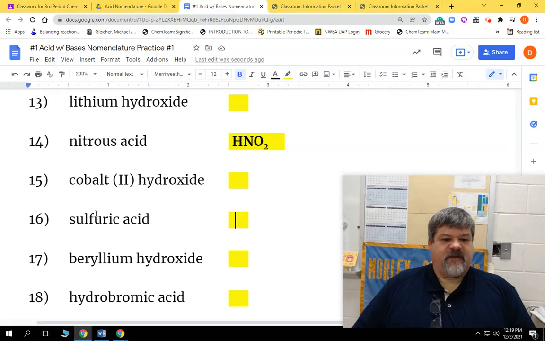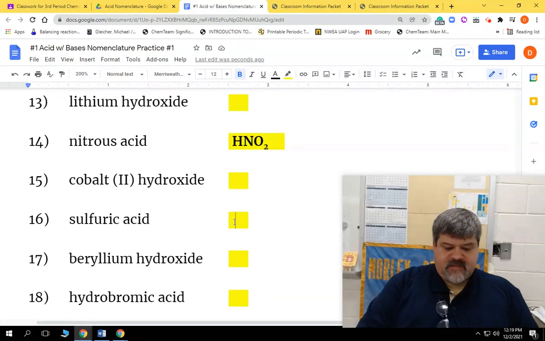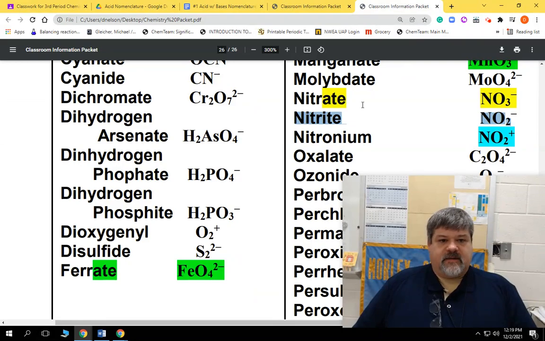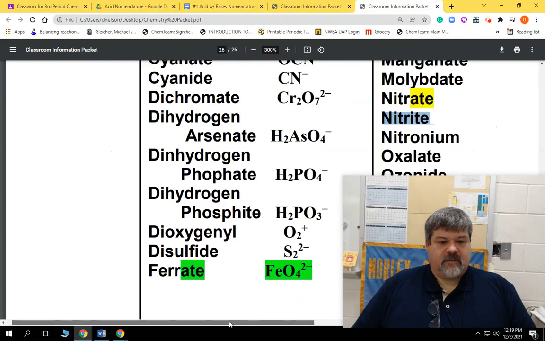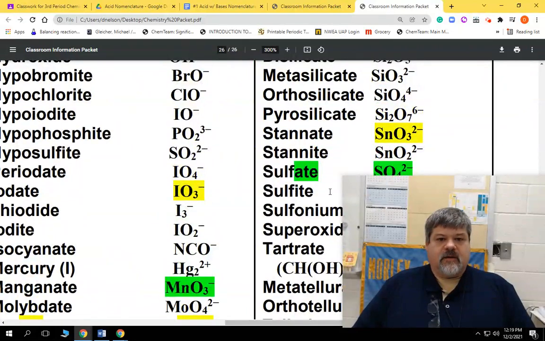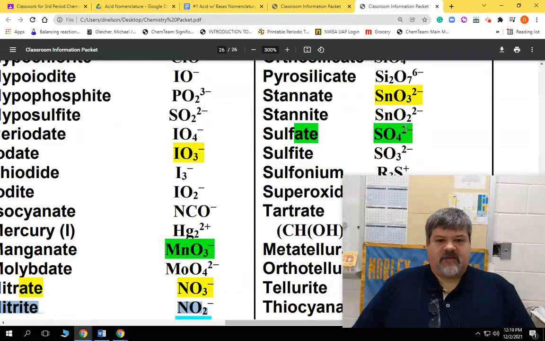Let's go down to sulfuric acid. There's no hydro, so that means it's sulfate. It goes to ate, so it's going to be H. So let's go ahead and find sulfate. Sulfate's in the third column. Okay, so sulfate is right here. It is a -2, so that means I'm going to put 2 hydrogens and then SO4.